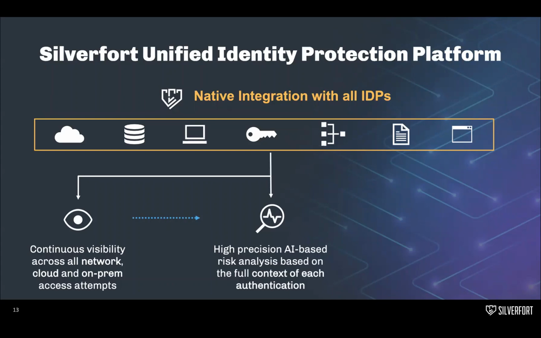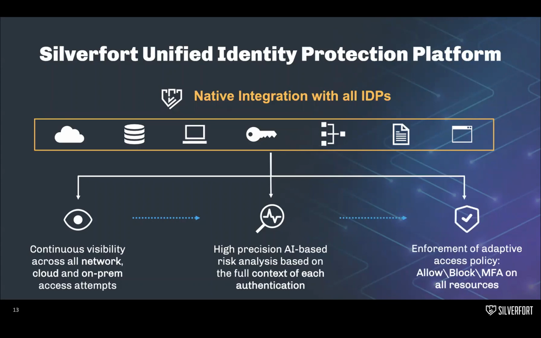This is what we've explained before. And this risk analysis enables enforcement of adaptive access policy, allow, block, or MFA, on all resources, including the ones that we've talked about in the former slide, including all the resources that you could never apply this protection to before. And these are very, very big news, the fact that you can extend this type of identity protection to every resource.